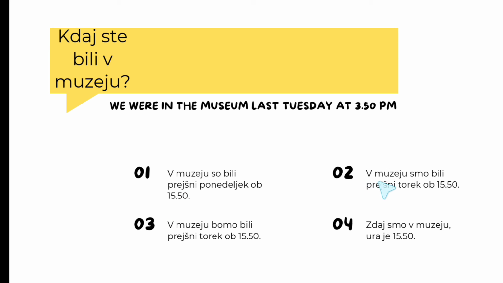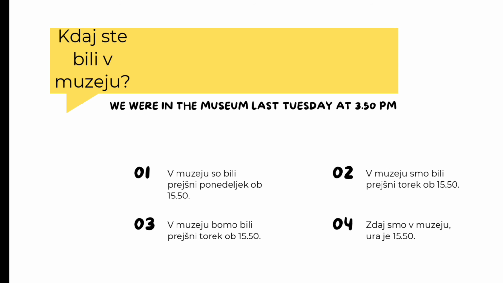The second one is "v muzeju smo bili prejšnji torek ob 15:50." The third one is "v muzeju bomo bili prejšnji torek ob 15:50." And the fourth one, "zdaj smo v muzeju, ura je 15:50."